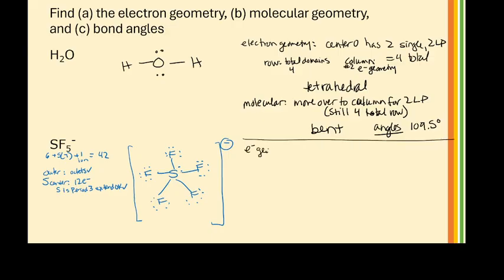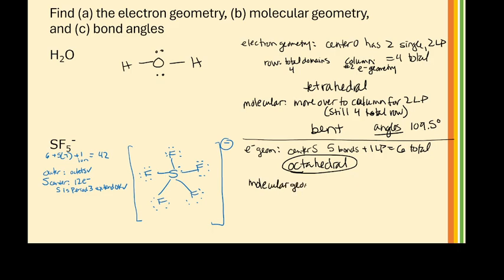My center S has 5 bonds plus 1 lone pair equals 6 total. When I look up 6 total, that's an octahedral electron geometry. When I look at the molecular geometry, I'm going to move over to the 1 lone pair column, but still the 6 total.